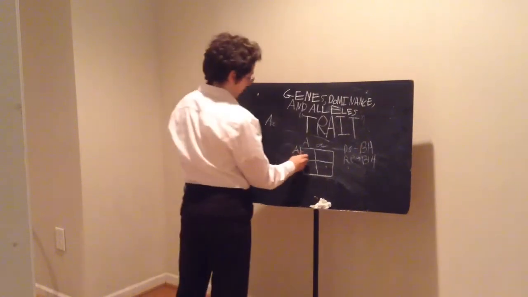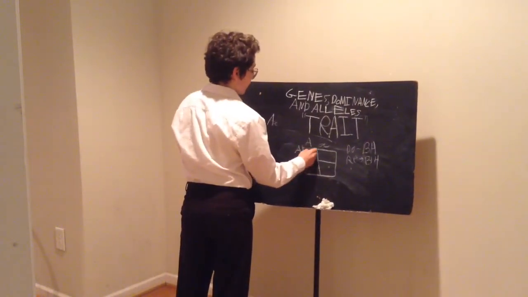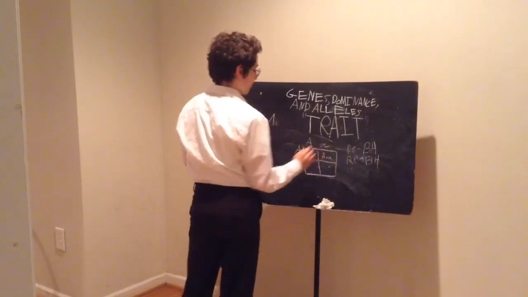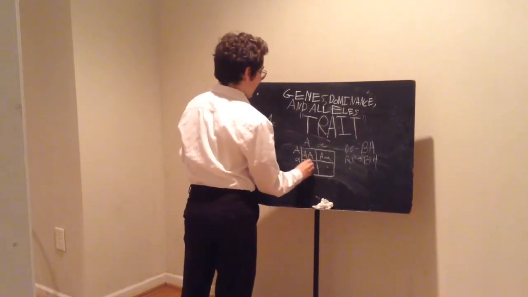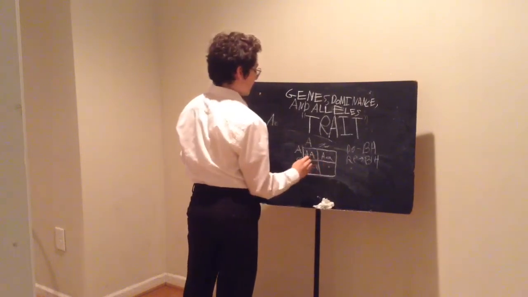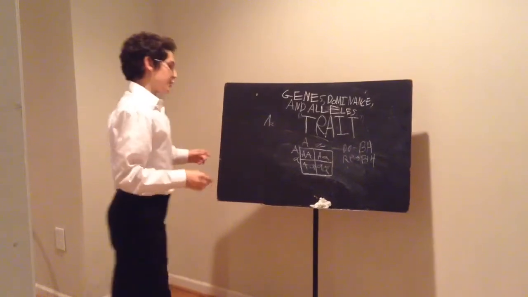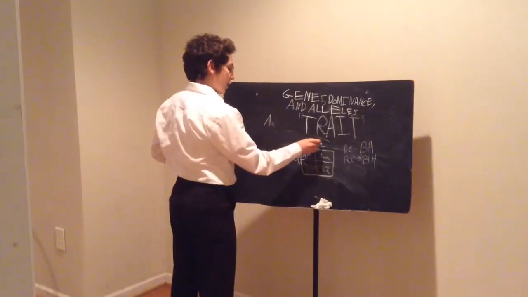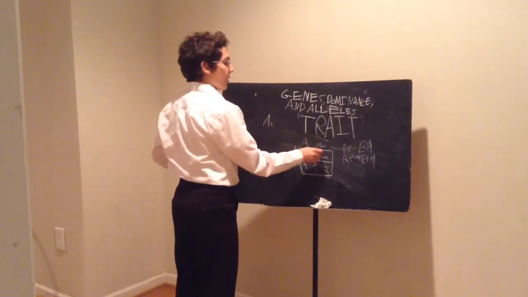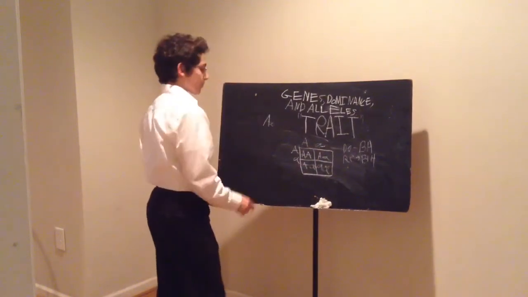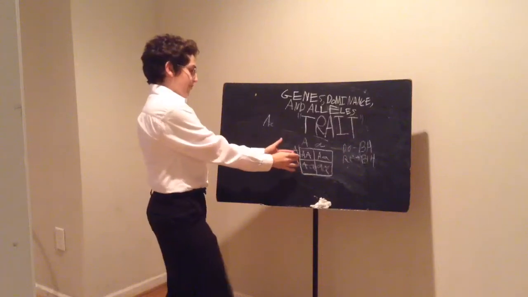So let's look at this. Again, we're adding it up. 2 capital A's in the first box, a capital A and a lowercase a, capital A and a lowercase a, and a lowercase a with a lowercase a. Just so you know, when you add a lowercase a and an uppercase a together, the uppercase goes first, just like it does in the sentence. So what do we have here?